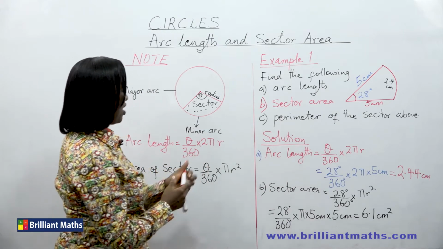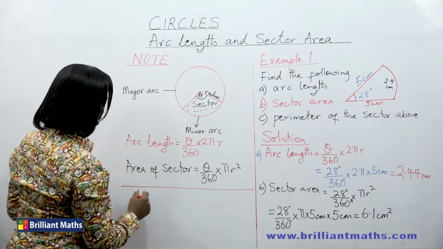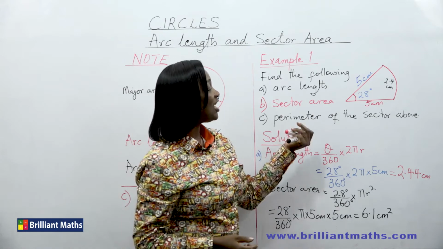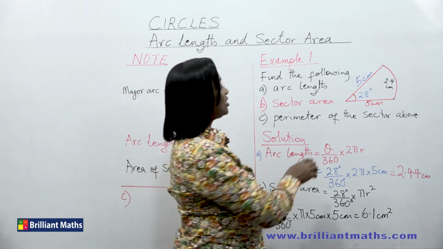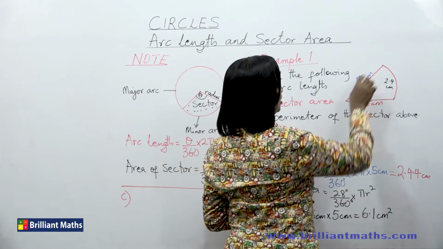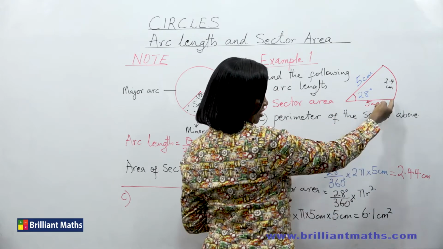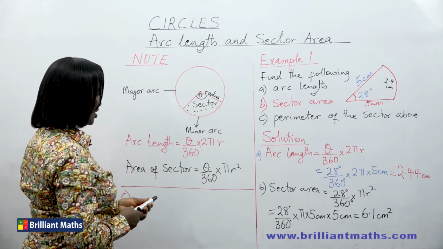And then the third part is to find the perimeter of the sector. What does that mean? Perimeter is the distance around a shape. So that means this radius plus the arc length and plus that radius. That will give us the perimeter of the sector.